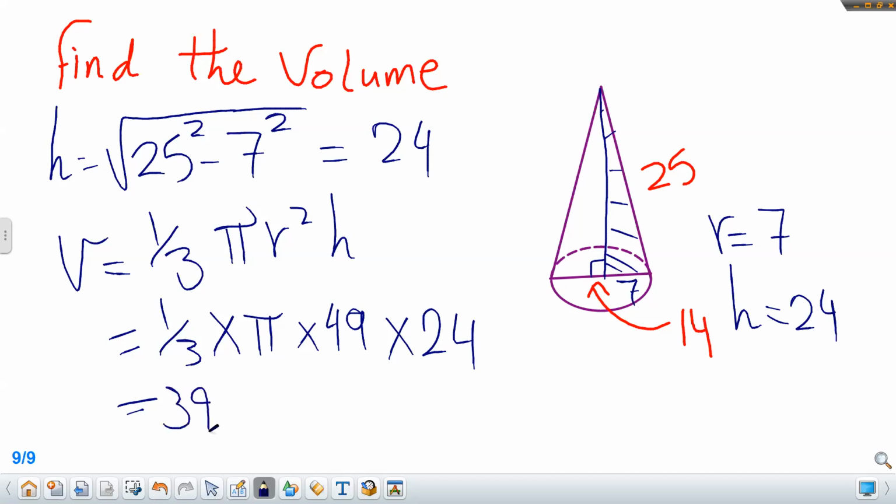It will be 392, then put pi. So volume of the cone is 392 pi.